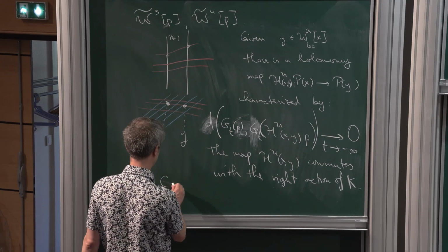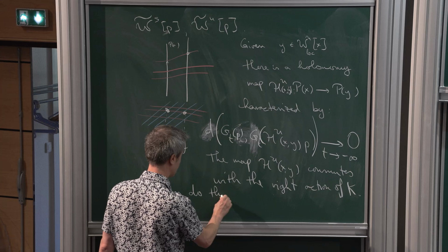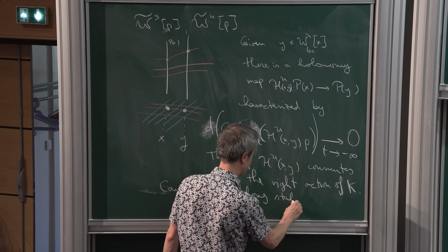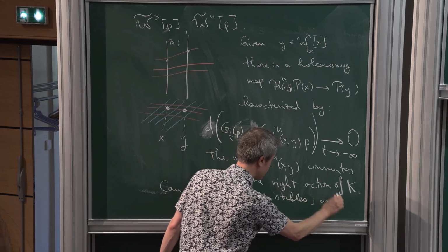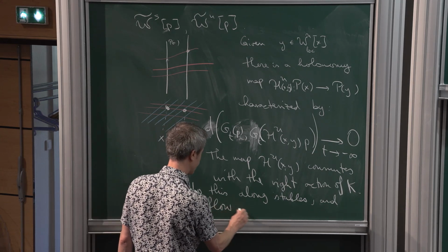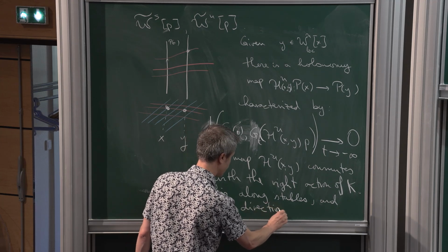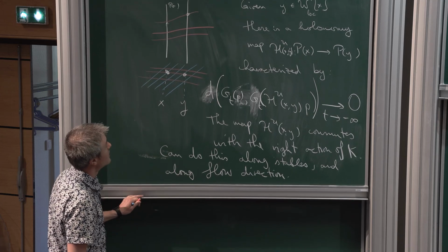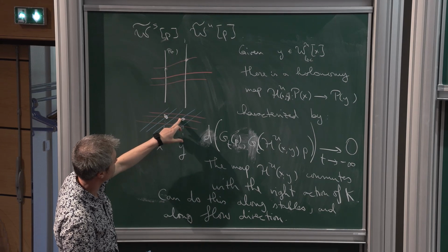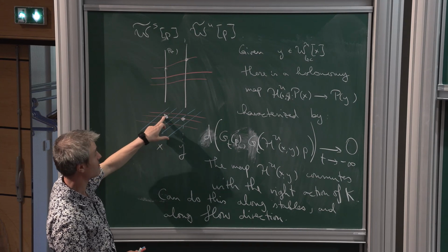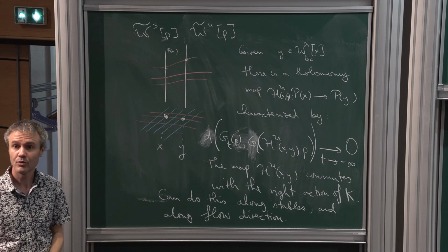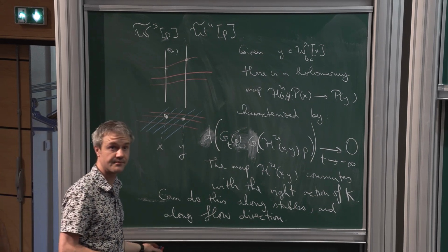So I can do this along stables, and essentially by construction along the flow direction. So here I don't have the flow direction in the picture, but I can go, for example, along an unstable, and then a stable, and then an unstable, and then maybe come back. And I would get a map from Px into itself, which commutes with the action of K. Right?